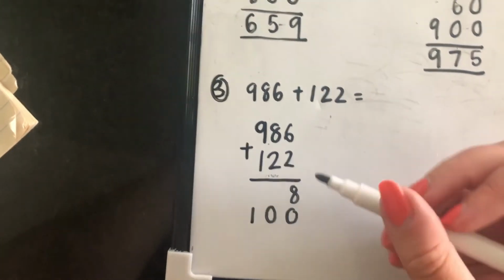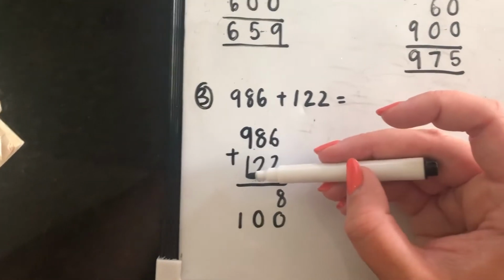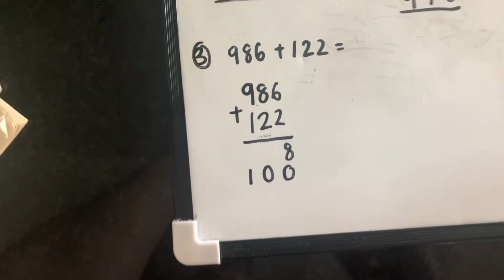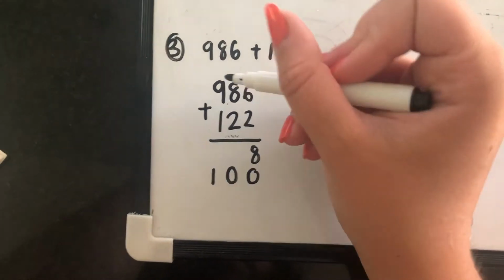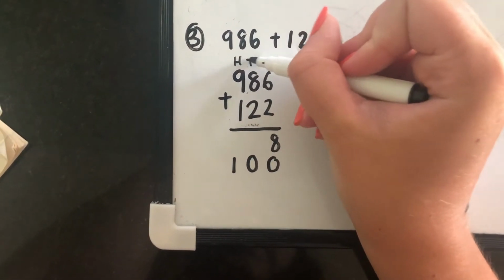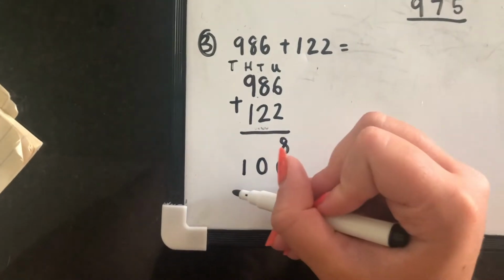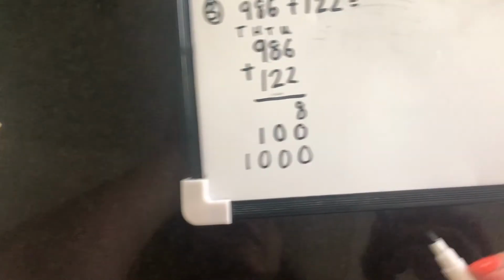100. Okay, now we're going to add up our hundreds. We've got 9 hundreds add 100. So what's 900 add 100? 1000. So we've got hundreds, tens and units. Where do the thousands go? Thousands are the next one up. So 1000 is written like that.